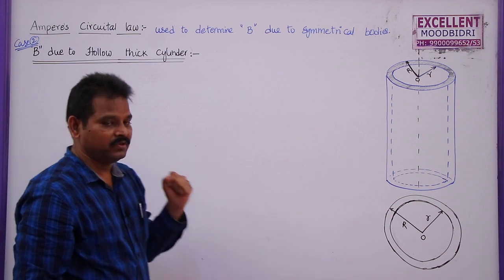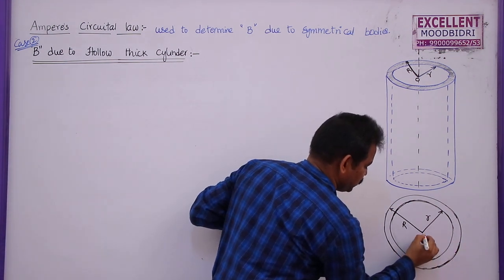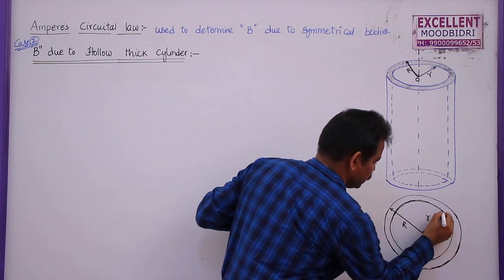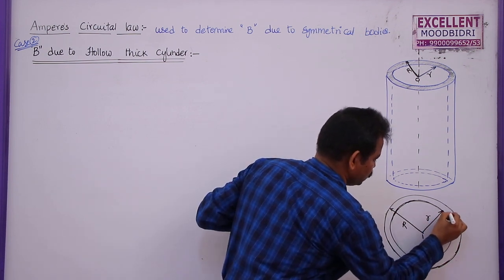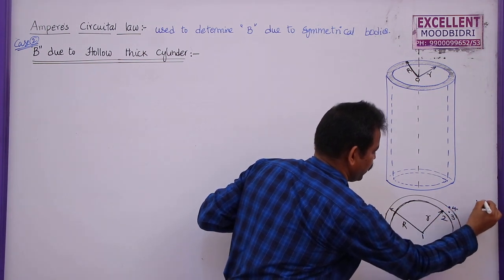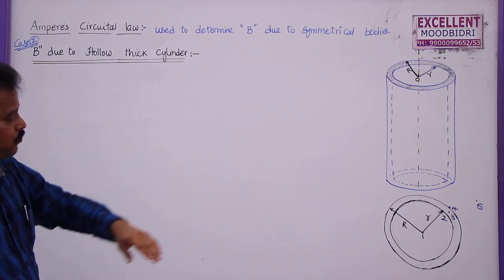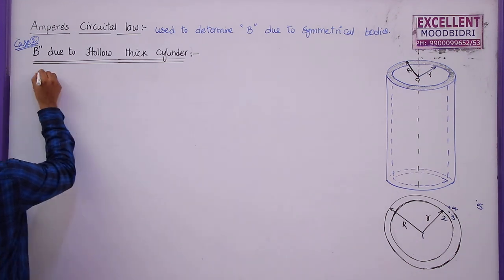Now if I wish to find out the magnetic field at different points, let me take the center as point 1, this point is 2, this point is 3, this point is 4, this point is 5. So we find the magnetic field at 5 different points, first point 1.